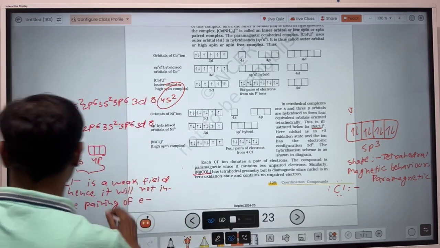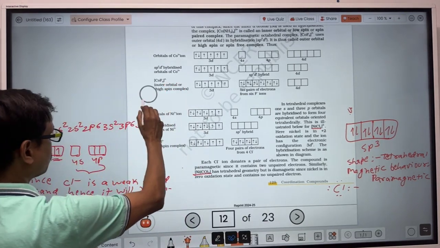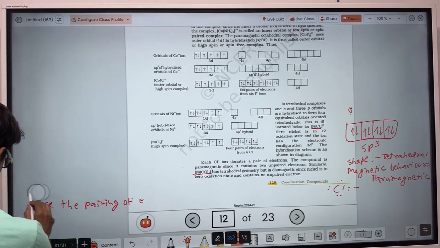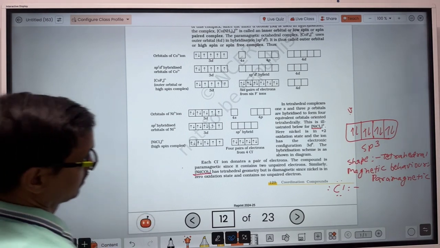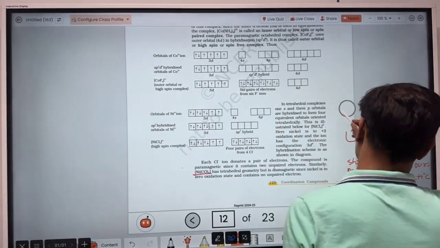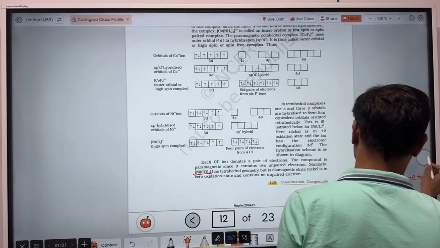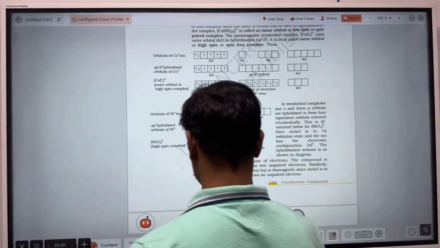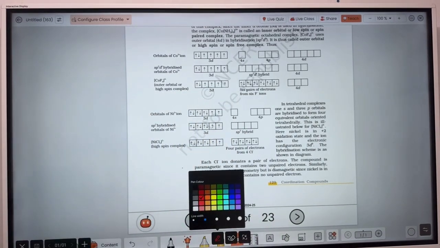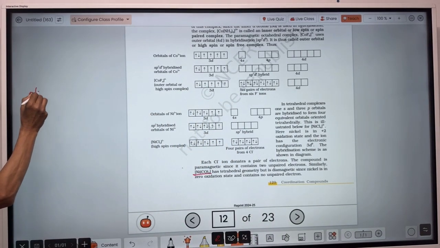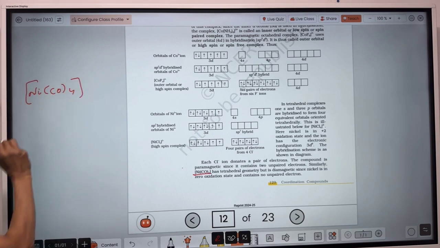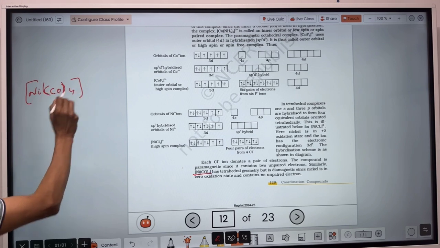So let's see how the bonding is taking place here in tetracarbonyl nickel. Carbon monoxide is a neutral molecule.